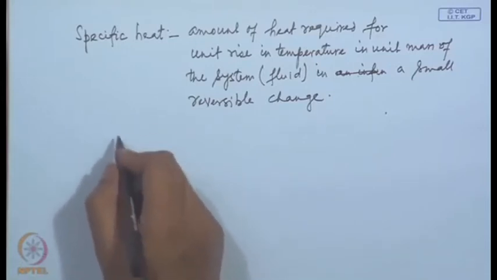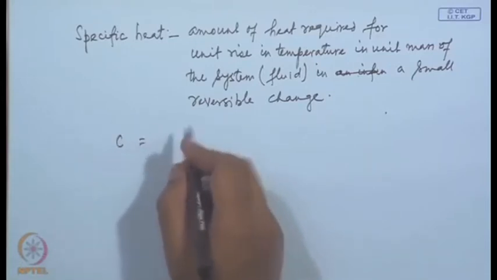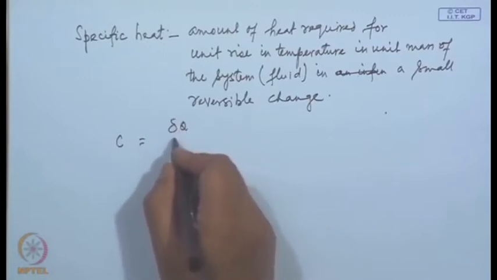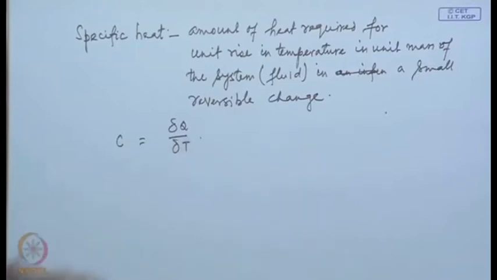So, if we define the specific heat by C, then C becomes delta Q by delta T.